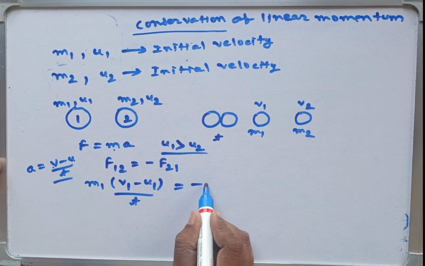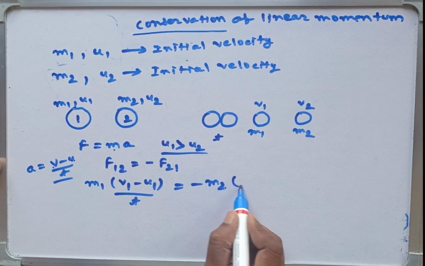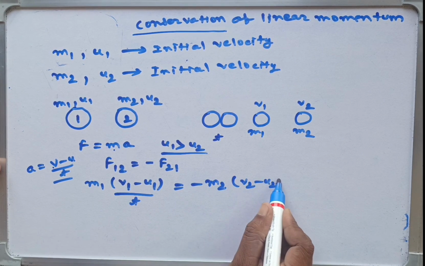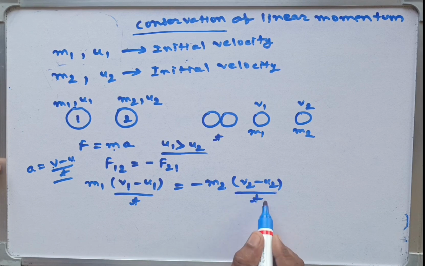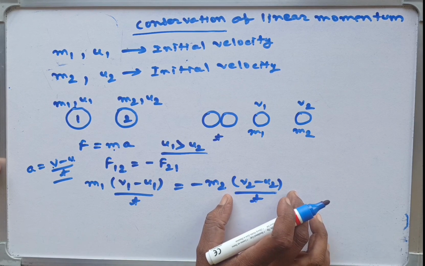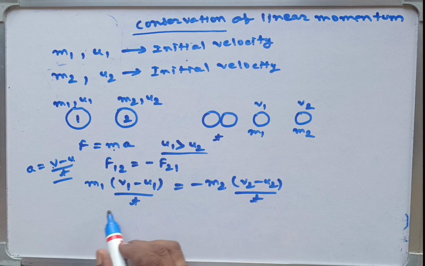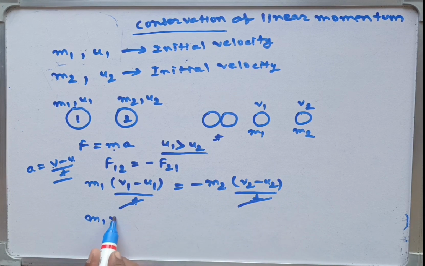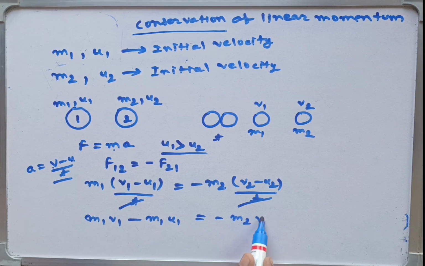Now with a negative sign, m2 times v2 minus u2 divided by t. So t and t cancel out. So this is equal to minus m2 v2 plus m2 u2.